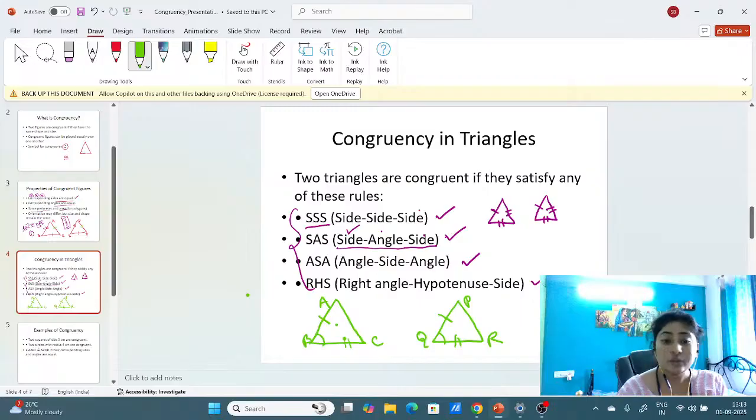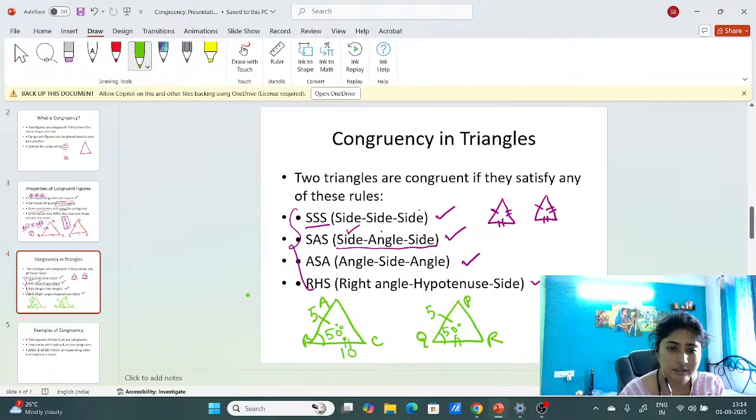So if these two included angles are the same, suppose this is 50 degree and this is also 50 degree. And this is 5 centimeter, this is 5 centimeter, this is 10 and this is 10.